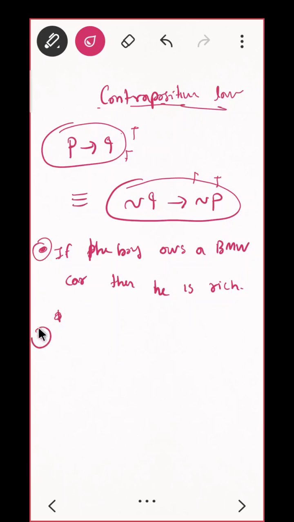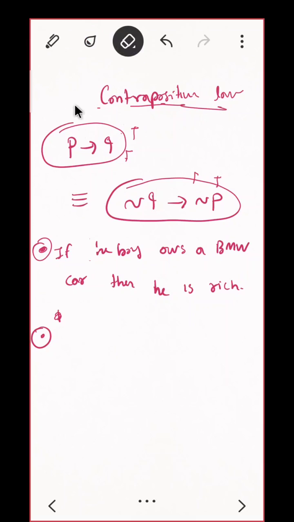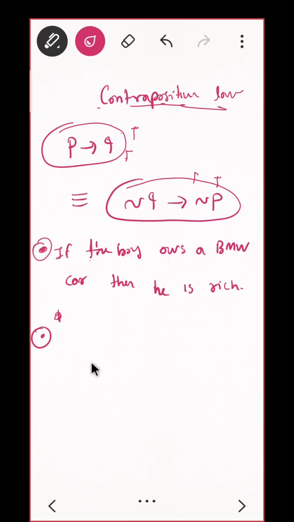Yeah, can you hear me, everyone? So I have written, if the boy owns the car. Can you tell me the contrapositive statement of this? If the boy owns a BMW car, then he is rich.